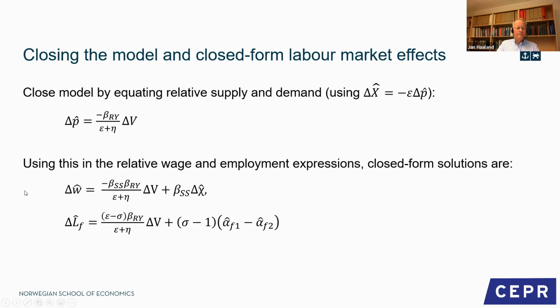This gives relative wage and employment effects looking like this, and we should just observe that in these equations, all three elasticities pop up: the elasticity of demand, the elasticity of substitution, and the sector reallocation elasticities, Stolper-Samuelson and Rybczynski.